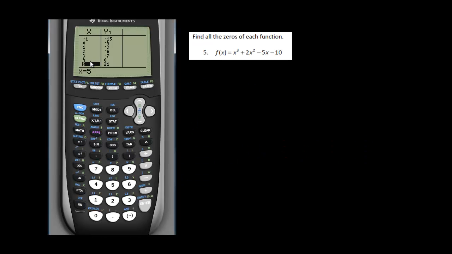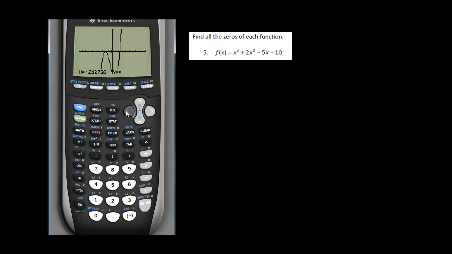Number 5, find all the zeros of the function. So I'm going to type that in. So I typed it in and it's graphing now. We see that looks like it bounces off, but there's a chance that it might not be bouncing. And over here, it doesn't look like it goes through at 2. So we're going to have to zoom in and see what's going on over here.